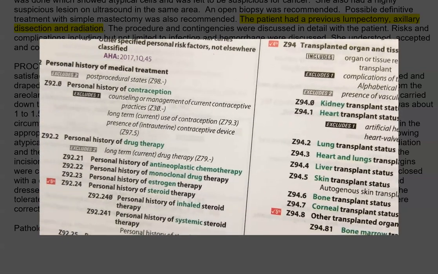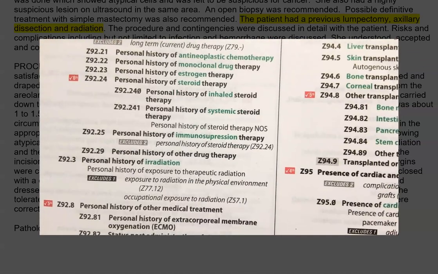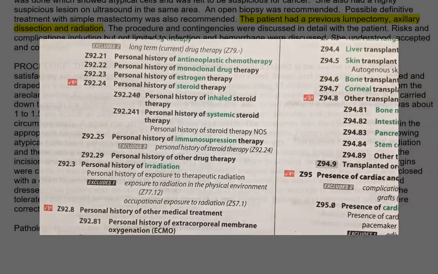And let's see, here we go. Z92.3, personal history of radiation.